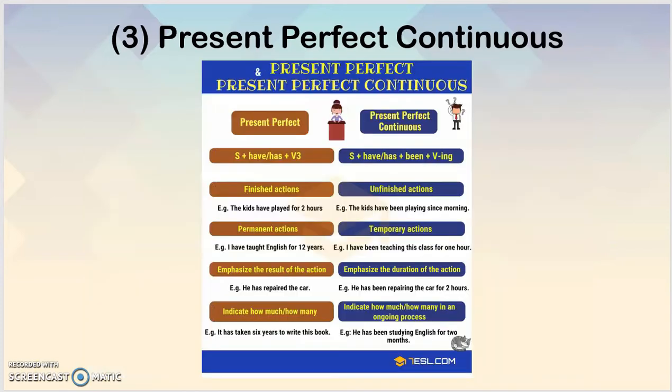Let's see the differences between present perfect and present perfect continuous. Present perfect is subject plus have or has plus verb, whereas present perfect continuous is subject plus have or has plus been plus verb ing.